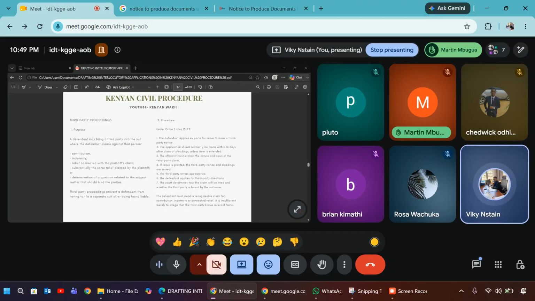I practice as an advocate on conveyancing, so I know I can't fail that unit. In some units like civil, I know I'm under a senior on civil, Mr. Chadwick, Mr. Martin, Madam Rosa, everyone carries something very unique.